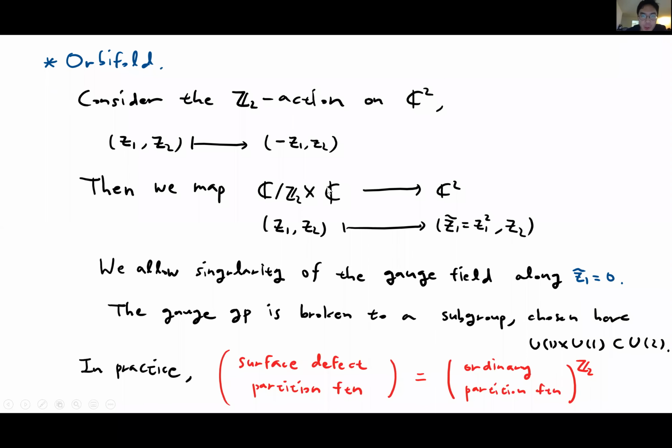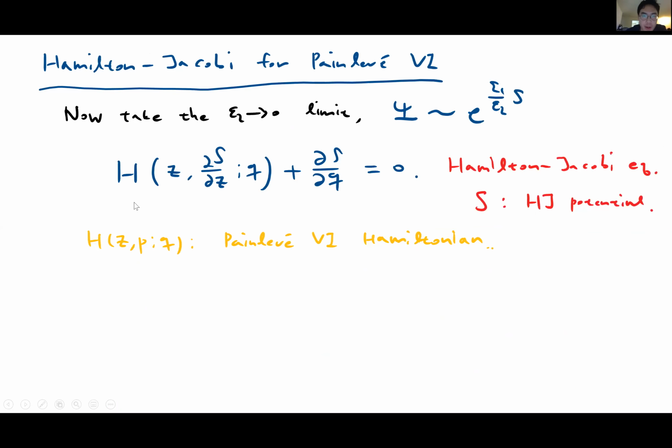And I just showed you the second way, which is the Hamilton-Jacobi equation. So this S is a free energy of the surface defect theory, but it's also the Hamilton-Jacobi potential. It satisfies the Hamilton-Jacobi equation for Painlevé VI.